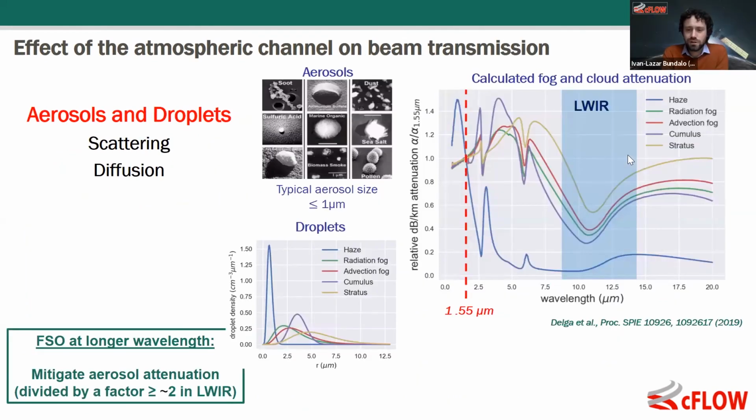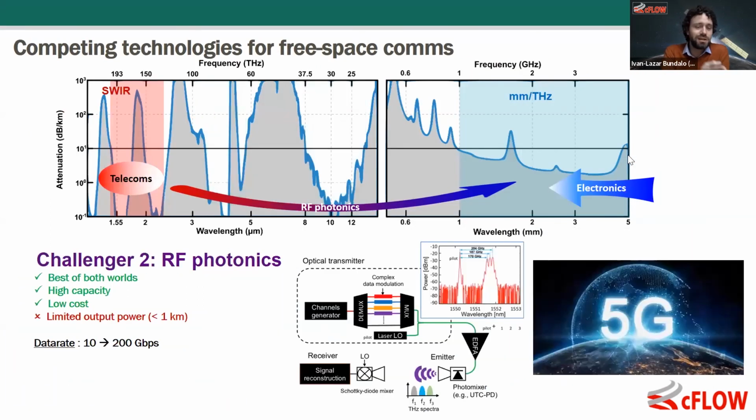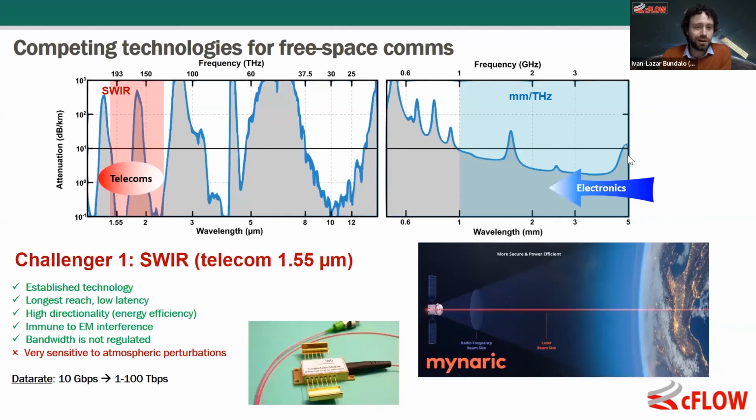I think this one is probably good. On the left-hand side, telecoms, there are parts where the attenuation is low, apparently. So do they also experience atmospheric turbulence? In this part of the spectrum, you mean? I think that at 1.55, for example, there's also.